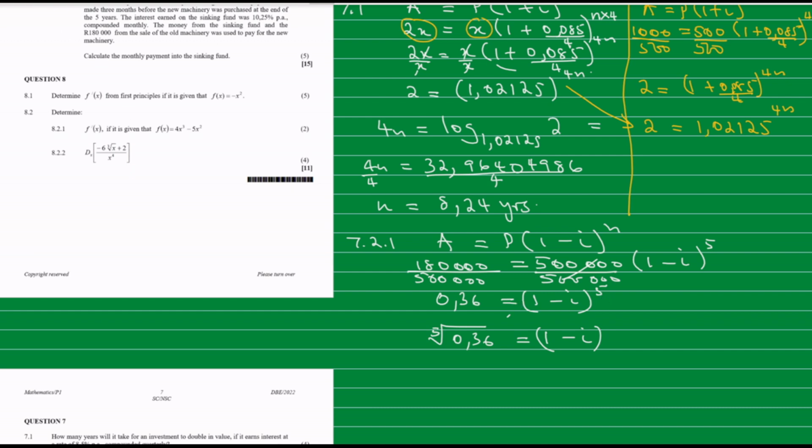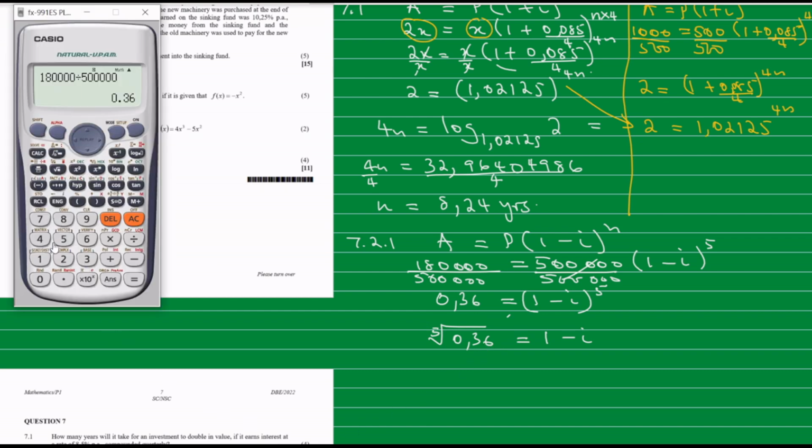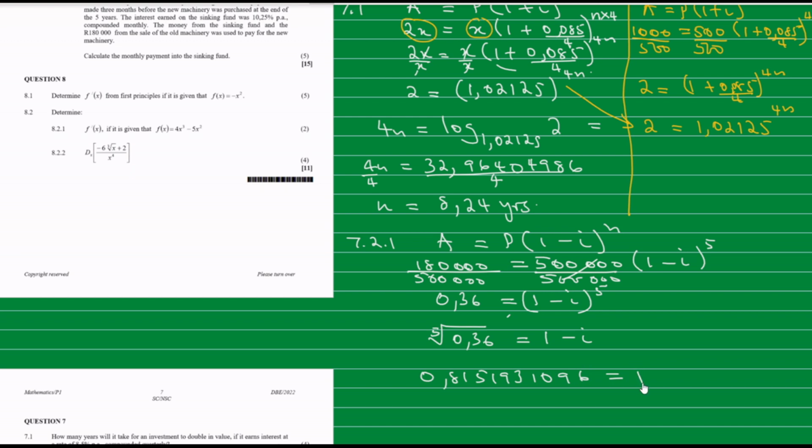Actually we can remove the brackets, but there's no need of writing the brackets. Now we are going to find the fifth root of 0.36. So the fifth root of 0.36 is 0.815193, that is equal to 1 minus i.